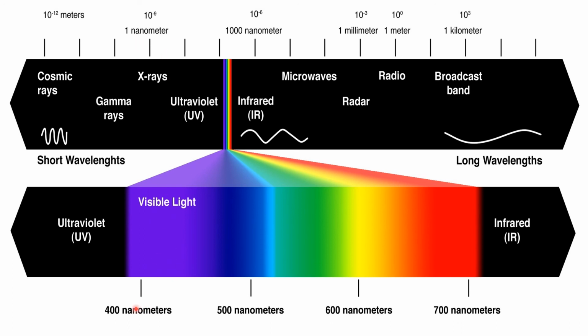This light is visible. The light whose wavelength is less than visible light is ultraviolet; we cannot see that light. And infrared rays, whose frequency is less than red light, are not visible either. So this is the entire electromagnetic spectrum. Okay.